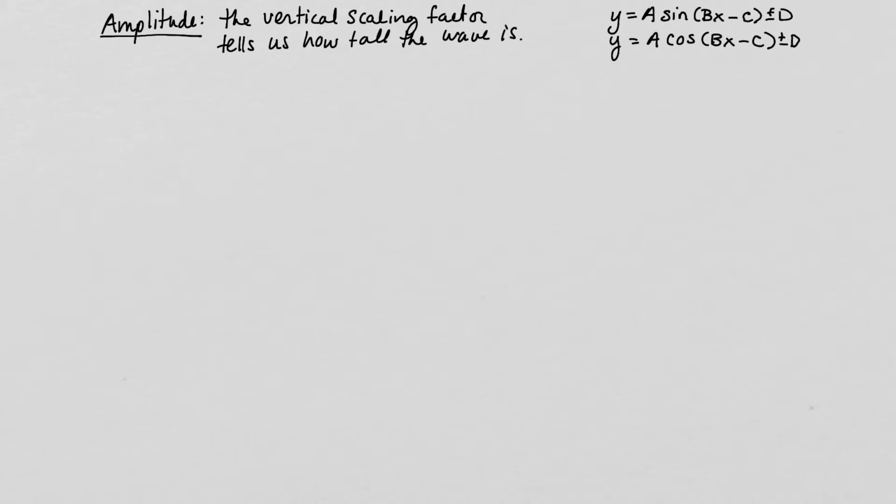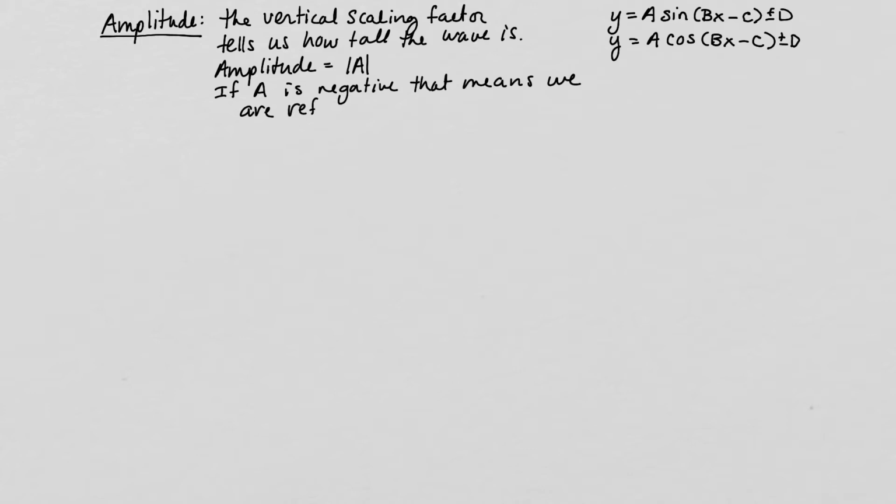The way that we find it is that the amplitude is equal to the absolute value of A. If A happens to be negative, that means we are reflecting over the x-axis.